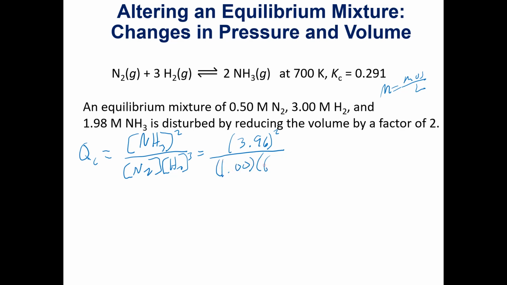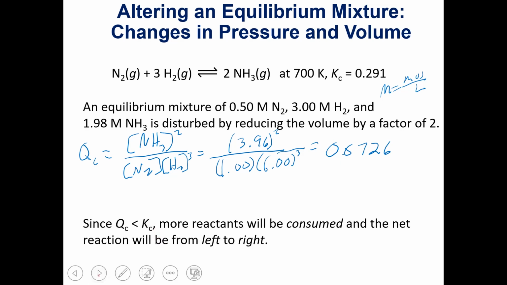And 3 doubled is 6 molar. So if we take 3.96 squared divided by 1 times 6 cubed, that gives us 0.0726. So again, this is less than Kc. So since Qc is less than Kc, we're going to consume reactants, and we're going to go in a direction that produces more products.